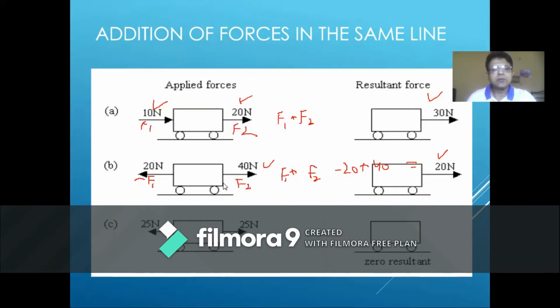Similarly, if both forces are in opposite directions and have the same magnitude, for example, F1 is 25 Newton and F2 is 25 Newton, one of them is negative, so minus 25 plus 25. When we add F1 plus F2, our resultant will be 0.